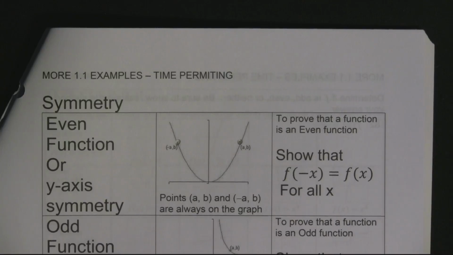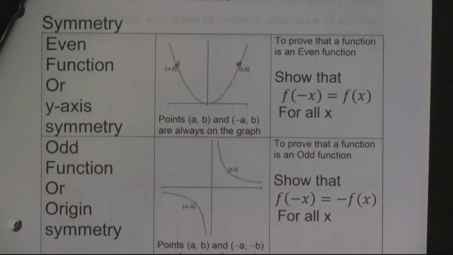So you have to show it for negative 2 and 2, and for negative 2.5 and positive 2.5, and negative 3.1156 and positive 3.1156. You have to show it's true for all values of x and not just a couple of particular values of x. I'll show you some examples of how to do that.